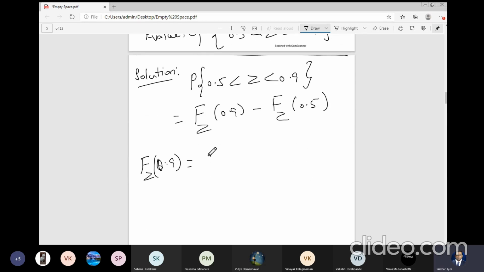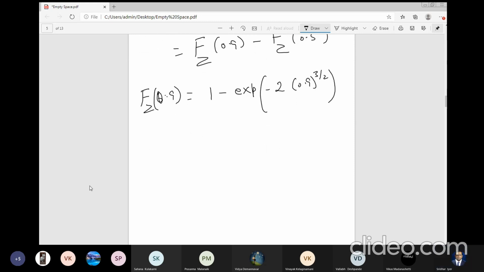So this will become 1 minus exponent of negative 2. Z will become 0.9 in this case, raised to 3 by 2.